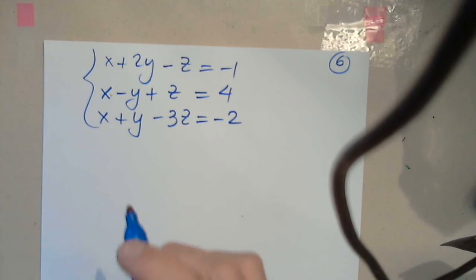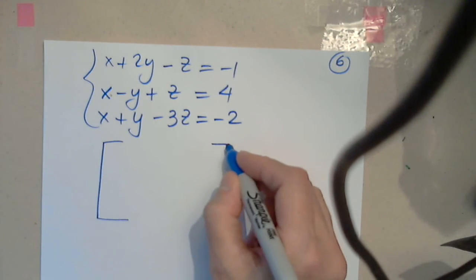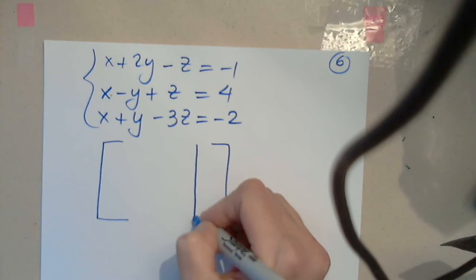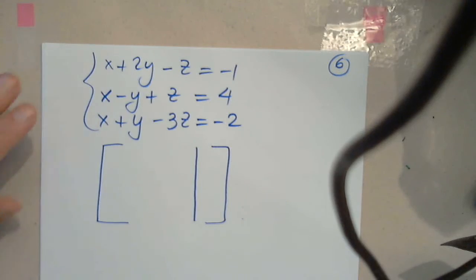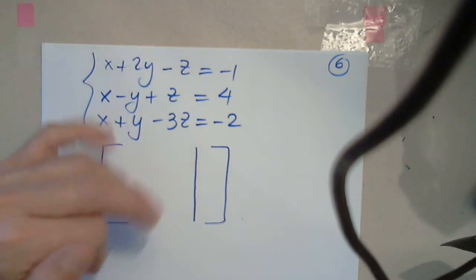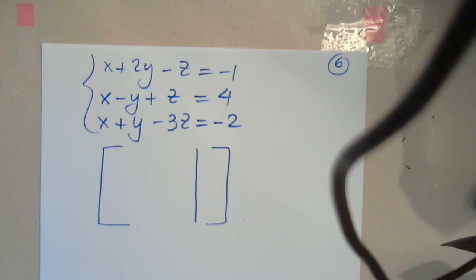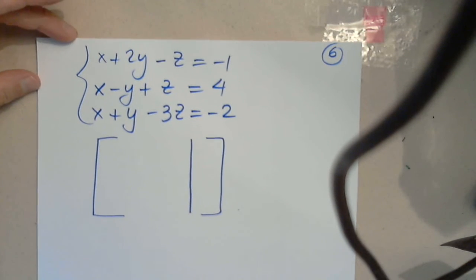I will write the augmented matrix. Can anyone dictate the augmented matrix? Remember, we cleaned it up. It has to be in the correct order. X below x, y below y, z below z, and the free terms. But just tell me whether you dictate it by rows or by columns.